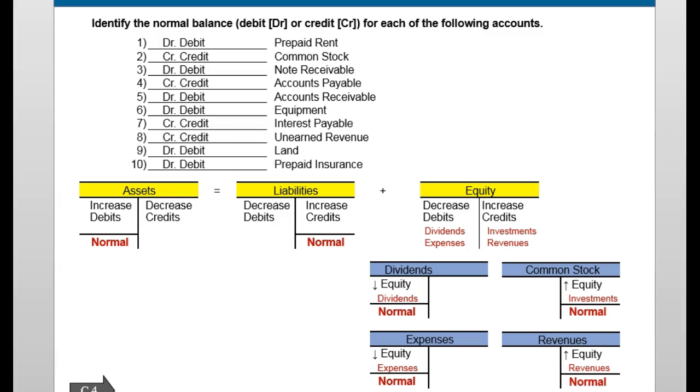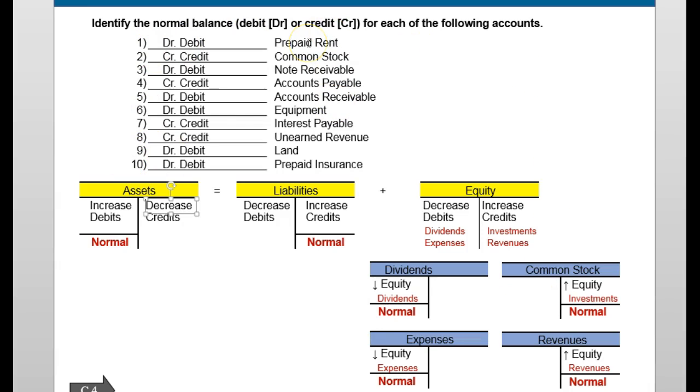Now here's an example. Let's look at assets. These are T accounts, by the way. We're going to play with T accounts. T accounts are used instead of the general ledger, because they're quicker and easier to get a visual on. So you're looking at normal balances in accounts.